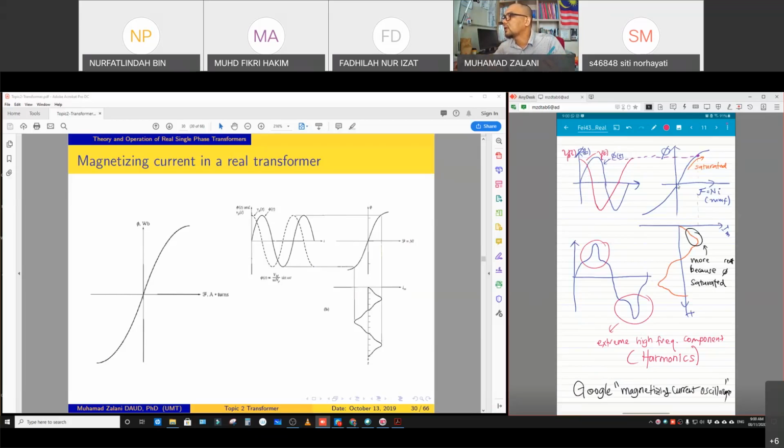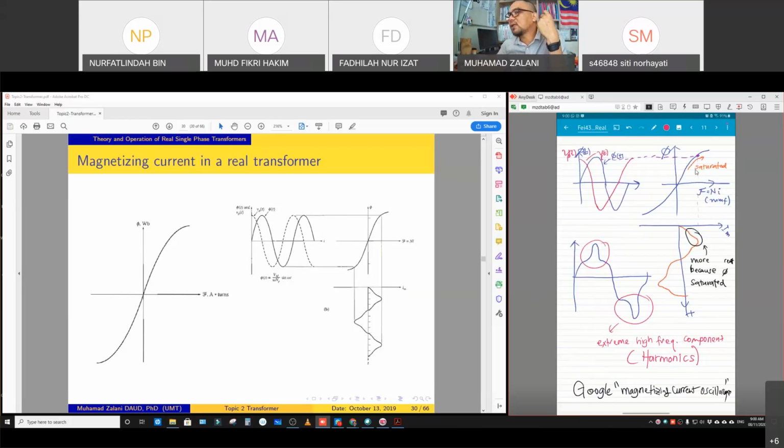It will increase, and after some time it will be saturated because of the permeability of the core of the transformer. So it will be saturated here. Once it is saturated, more current needs to be supplied to compensate for this saturation, so that causes more losses.